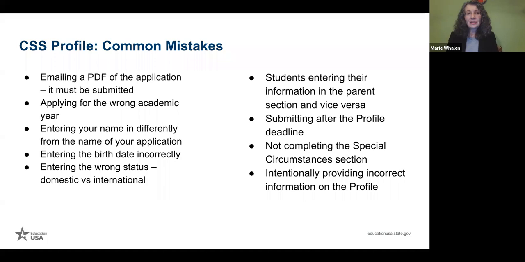Now, the final mistake may seem like a slightly odd one. Why would you intentionally provide incorrect information on the profile? I mention it only because we've seen this occasionally where students underreport or overreport the financial resources that they have available. And we know students are doing it for specific reasons.